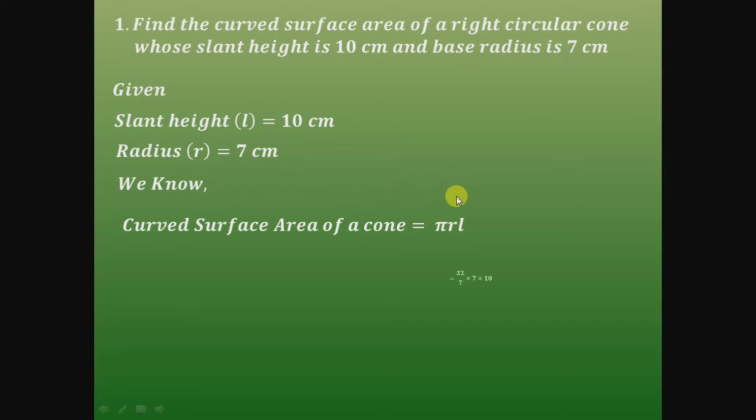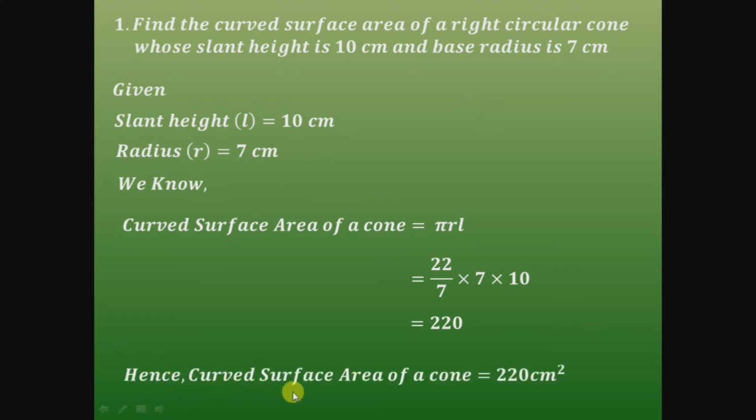So now let's put the values. Pi means 22/7 into r is 7 and slant height is 10. 7 and 7 will get cancelled, so it's 220. Since it's an area, it's centimeter square. Hence the curved surface area of the cone is equal to 220 centimeter square.